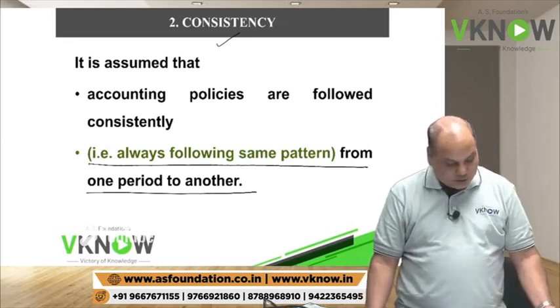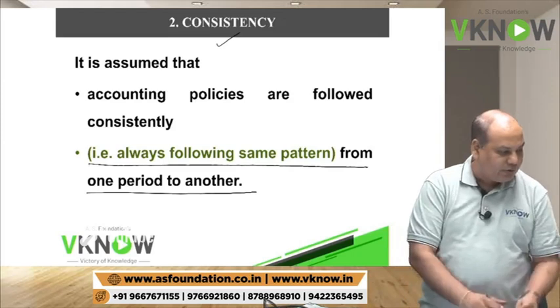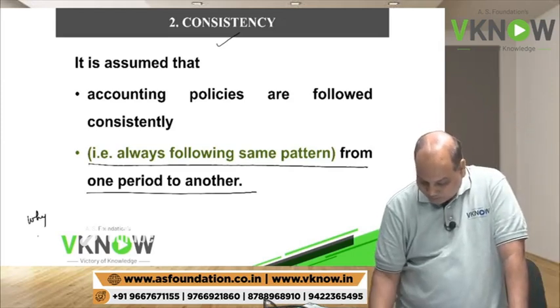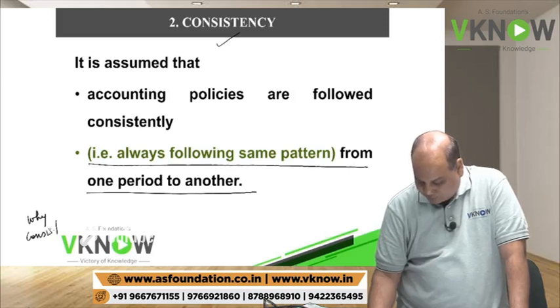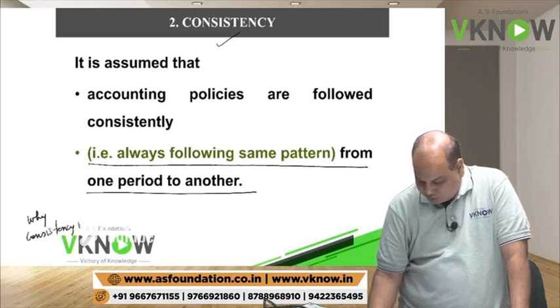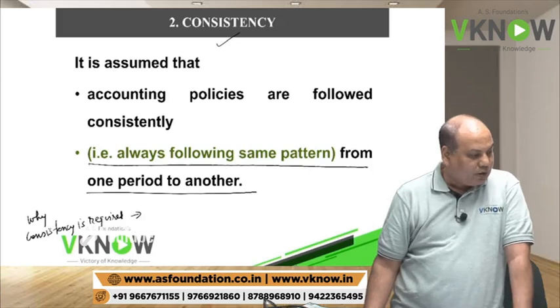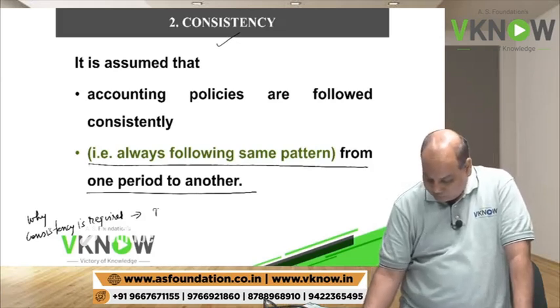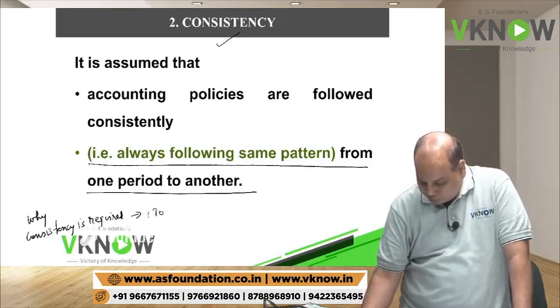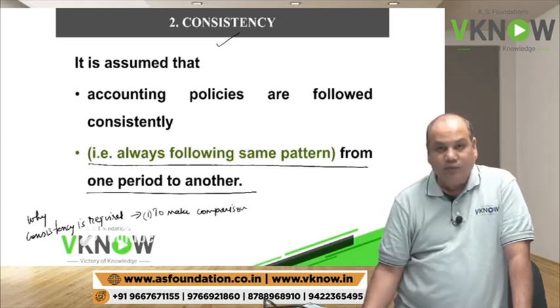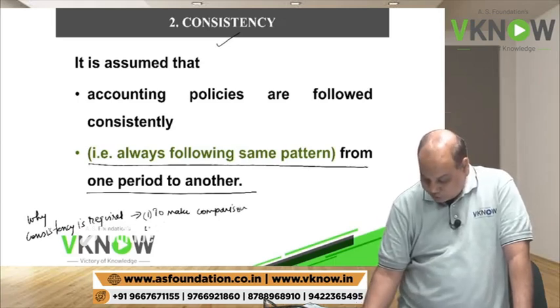That is called consistency. Why is consistency required as far as accounting policy is concerned? One, to make comparison. If you follow different accounting policies in different years, comparison is not possible.